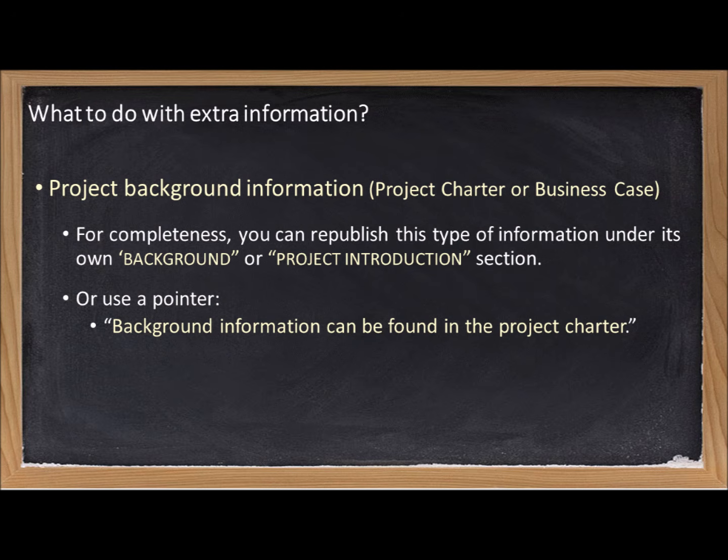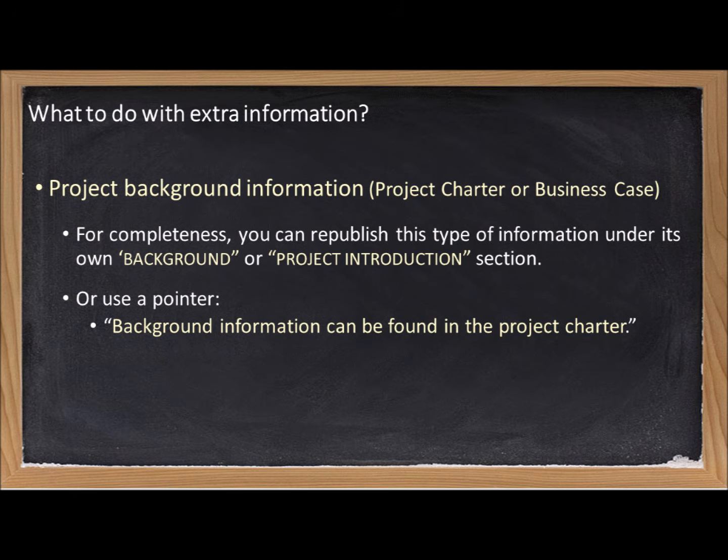You can always create a new section in your document. For example, if you want to include project-related supporting background information, you can create a project background or project introduction section in your project plan and add this type of information into that section. Alternatively, you can create a note that points the reader to the different documents that you feel would contain the information.